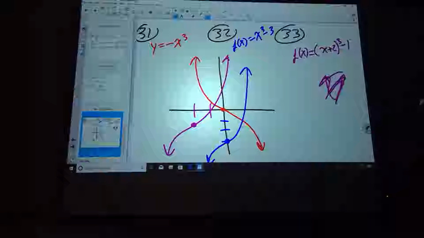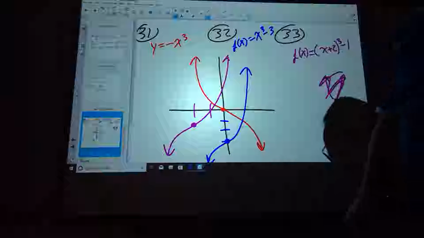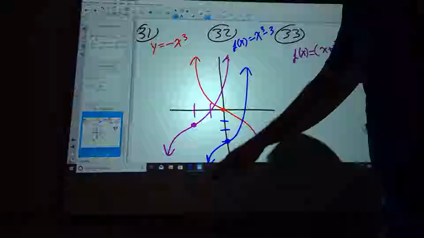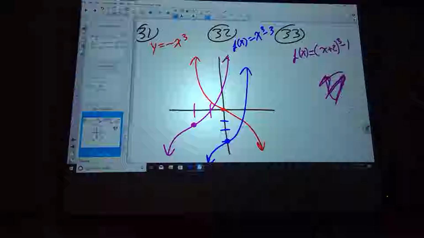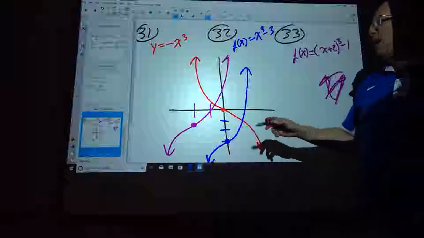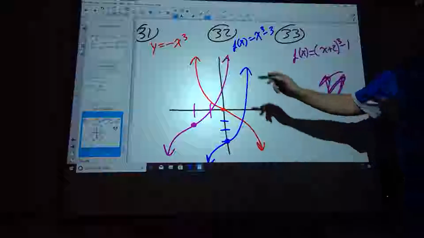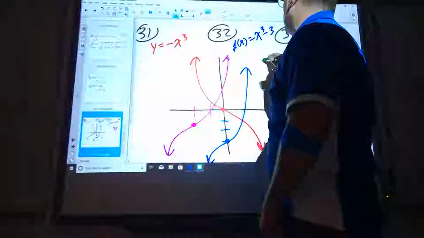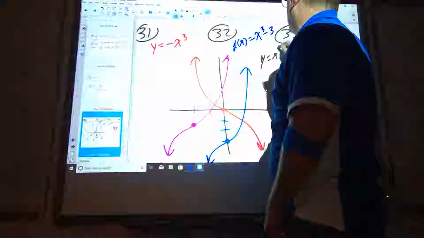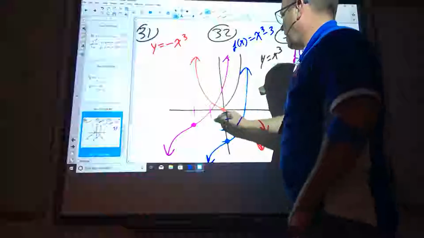Wait, so how do you draw wiggles? Okay, let me get to it. So we go down to 31, 32, 33. You'll definitely see this type of problem. Again, we're not looking for the artistic ability. We're looking at, do you understand how these graphs go the way they do? If I had the parent function, y equals x to the third, you just have to realize that one looks like that.